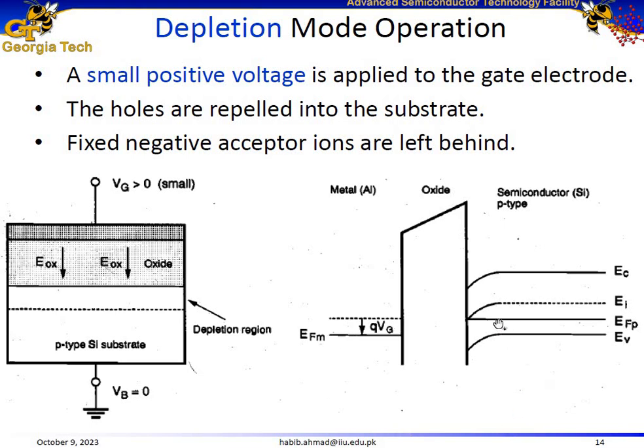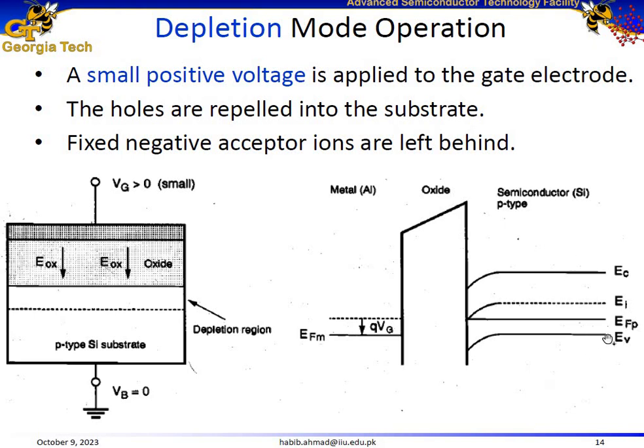And now we also see that there is downwards bending in the semiconductor side. Because of that effect, we can see that this metal oxide semiconductor structure does not have any carriers in this depletion region.